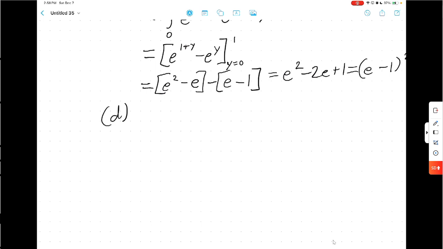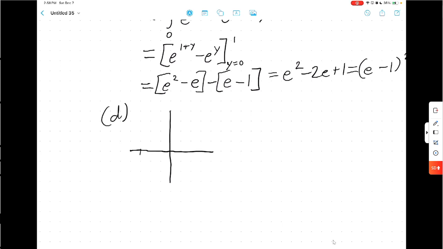D. Integrate xy over the portion of the unit circle above y equals absolute value of x using both Cartesian and polar coordinates. So we're going to start with the region. So the portion of the unit circle.